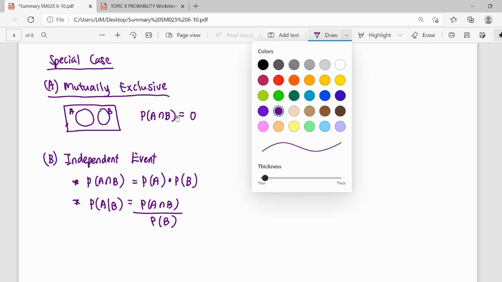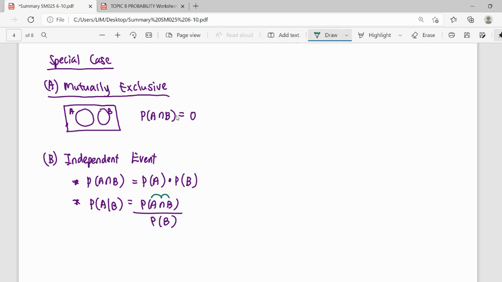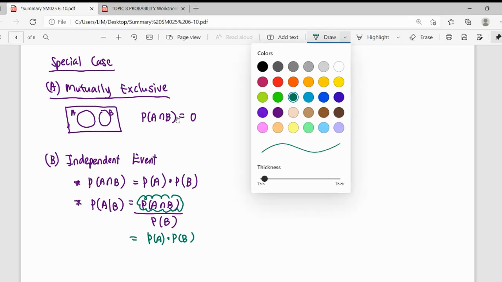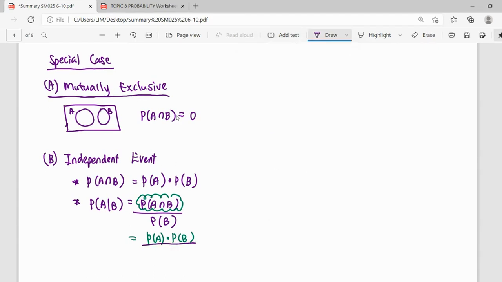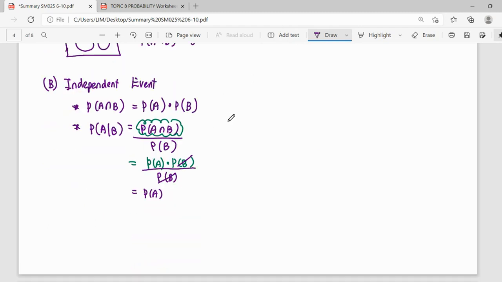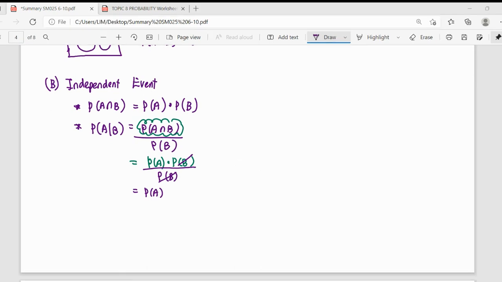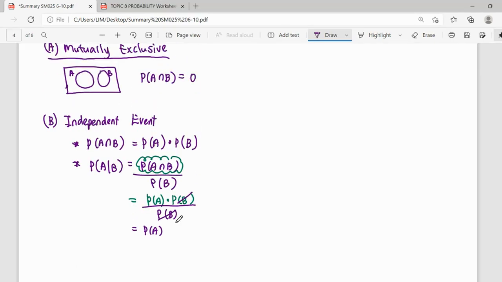Because of the characteristic of independence, this part can be represented by P(A) times P(B) because of independent event. So you'll notice that you will get back to the result of probability A. Okay, so that will be our analysis.